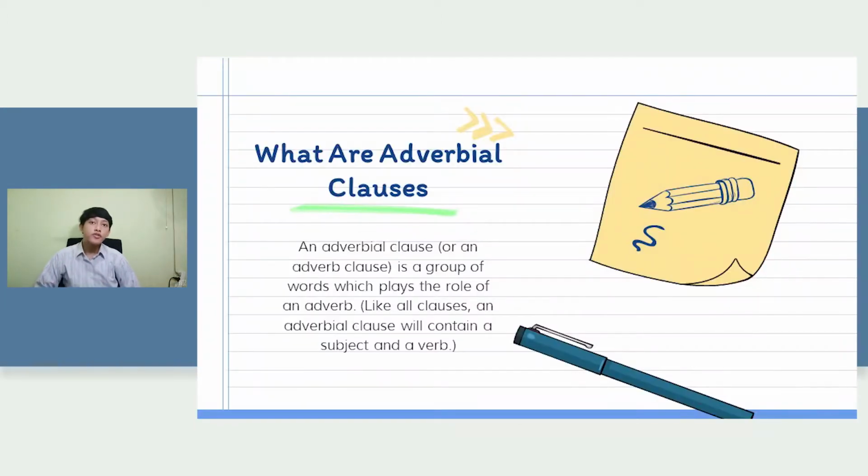Okay, we start from the meaning of adverb clause. An adverb clause is a clause whose function is to explain a verb. This clause states or affirms a condition which is part of the main sentence.